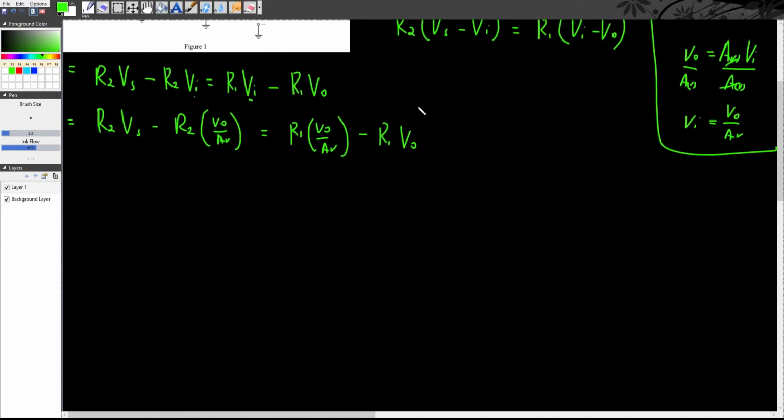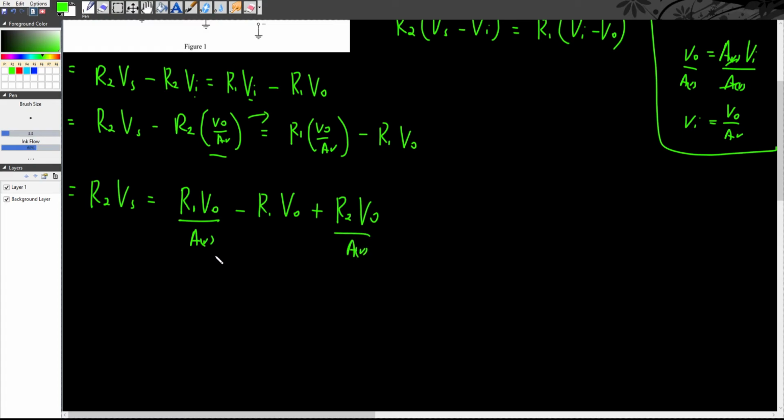So now that we're done with this step, let's take everything with VO to one side of the equation. So we take this to the other side of the equal sign. It will change the equation to R2 Vs is equal to R1 V0 all over AV minus R1 V0 plus R2 V0 all over AV.